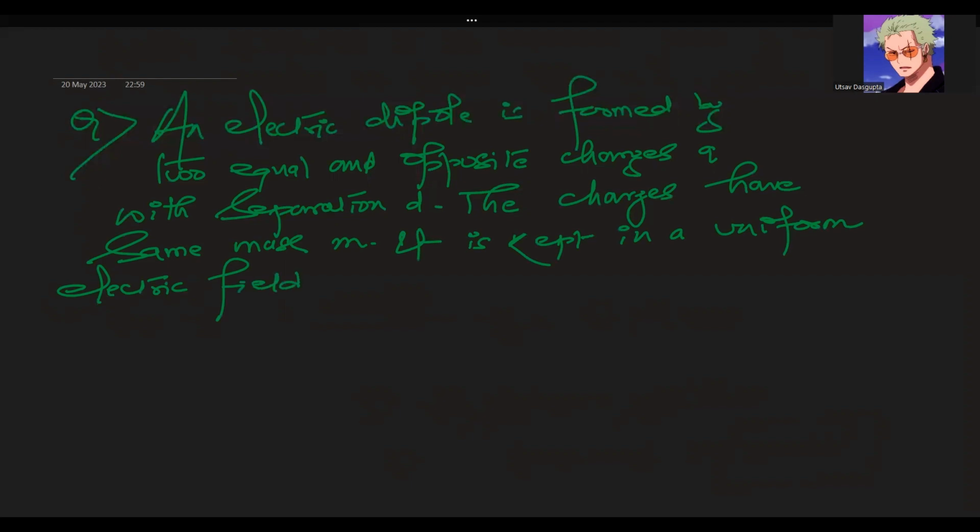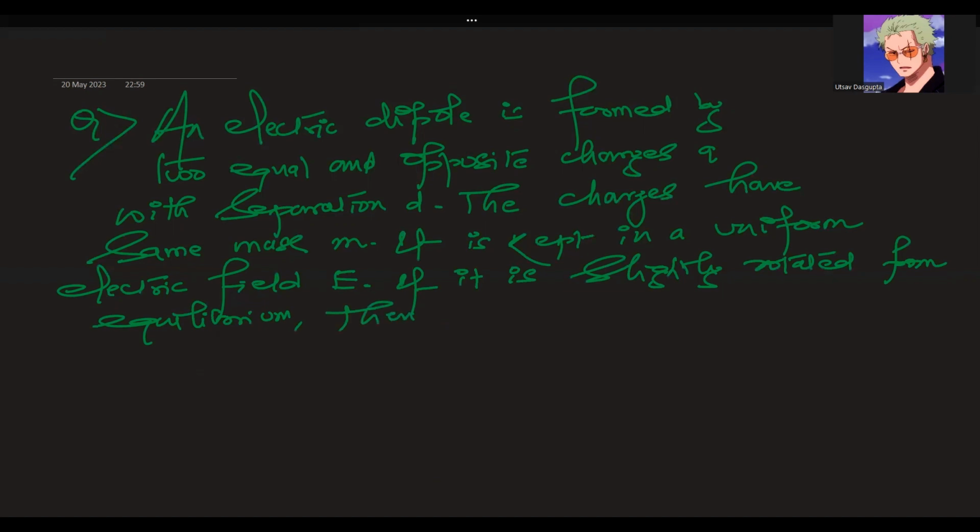If it is slightly rotated from equilibrium, then its angular frequency is: first option, root over 2 QE by MD.